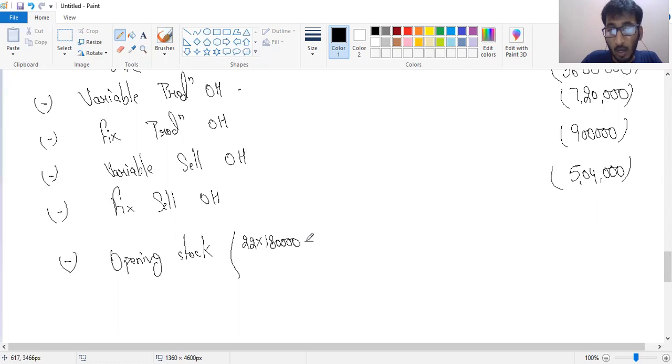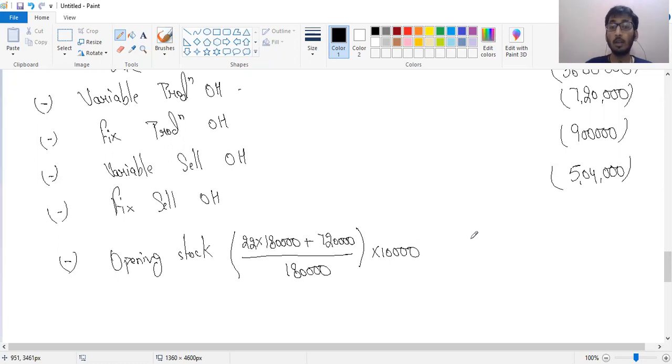Correct. And what was the fixed cost for the budgeted units? The fixed cost was 7,20,000. Correct. It was for 1,80,000 units. Correct. For 10,000 units, what would be the figure? It is simple. I hope you guys got this point.